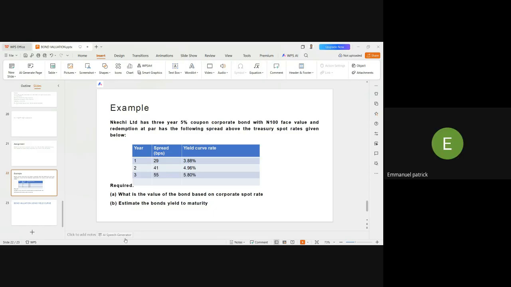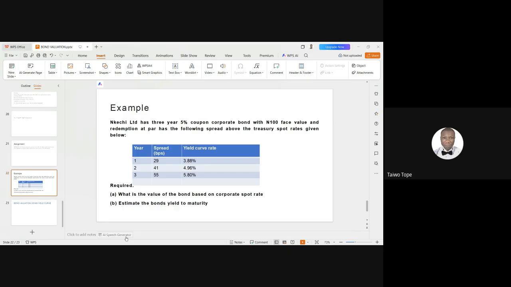For year one, 4.17%. The spread is in basis points. Divide it by 100 and add it to the yield curve rate.